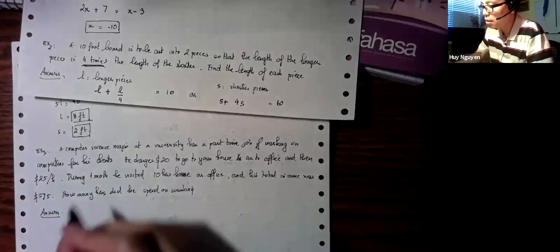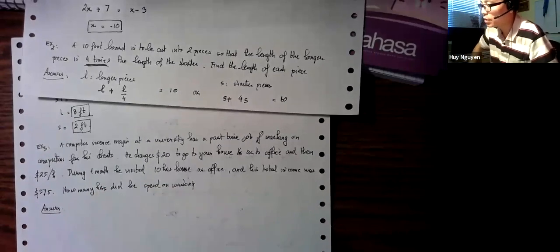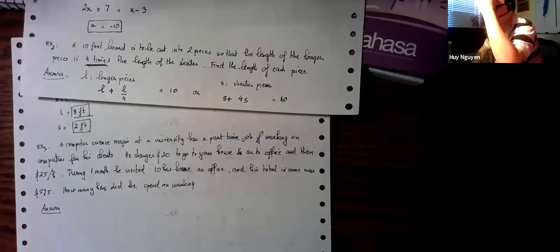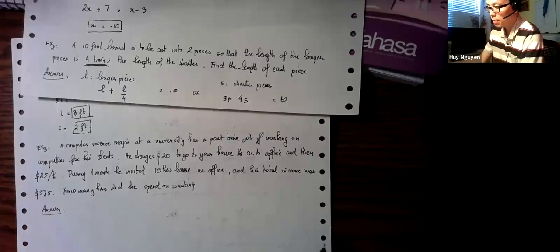During the first month, he visited 10 houses or offices, and the total income is 575. How many hours did he spend?